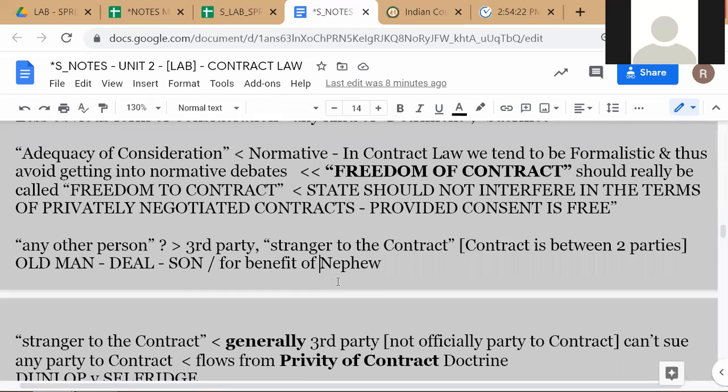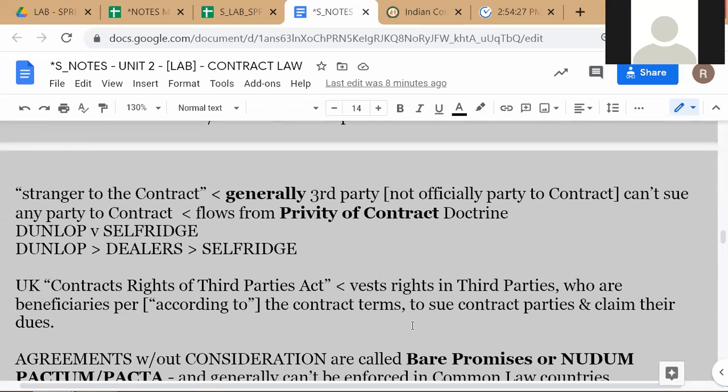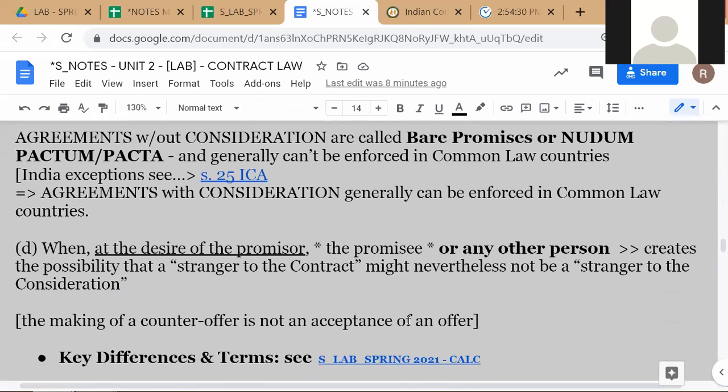So when in section 2(d) we say at the desire of the promisor, the promisee or any other person, when we introduce this other term, we are creating a possibility that although this other person is a stranger to the contract, which is the more commonly used term, he might not be a stranger to the consideration.